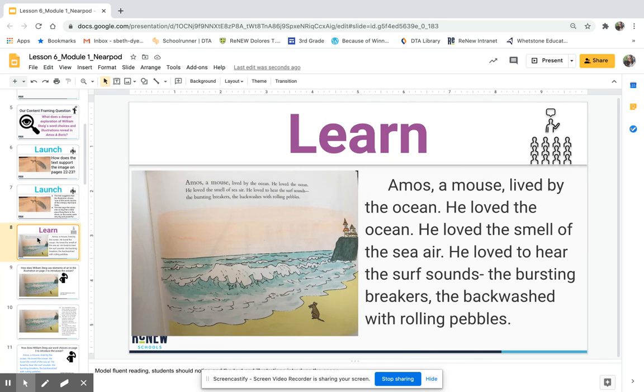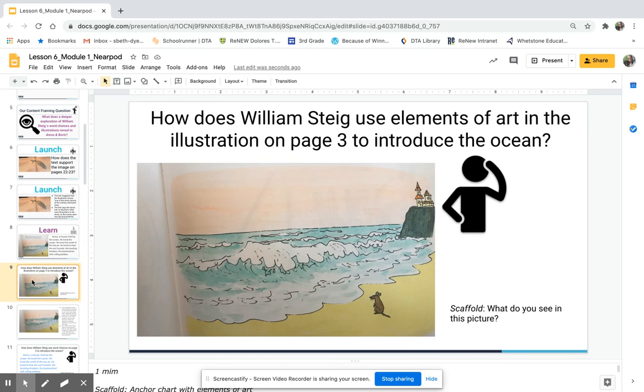Then we practiced that again by rereading the first page in Amos and Boris. After I reread that page, I asked you this question. How does William Steig use elements of art in the illustration on page 3 to introduce the ocean?